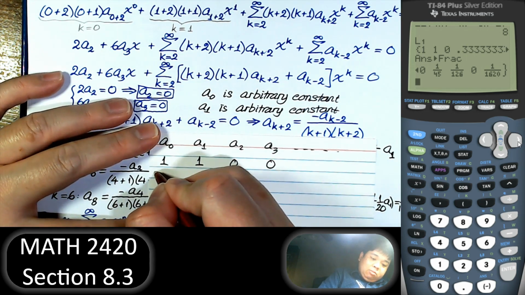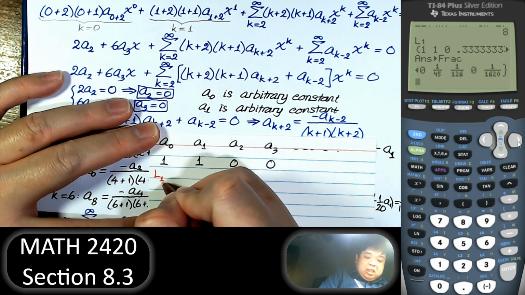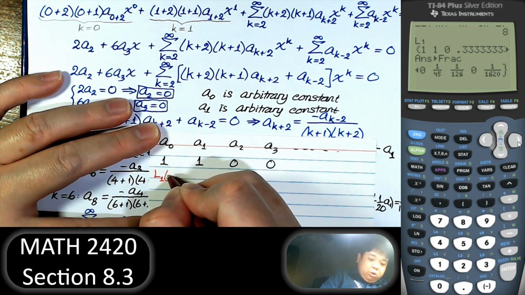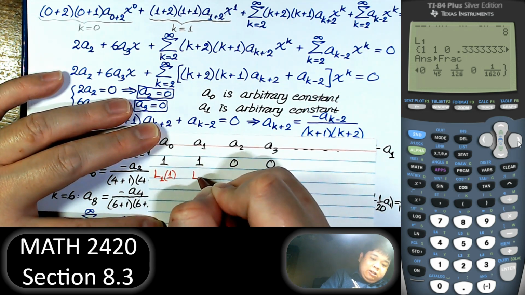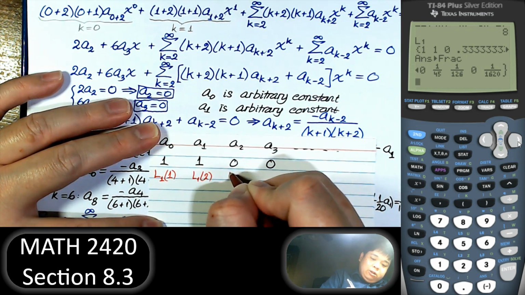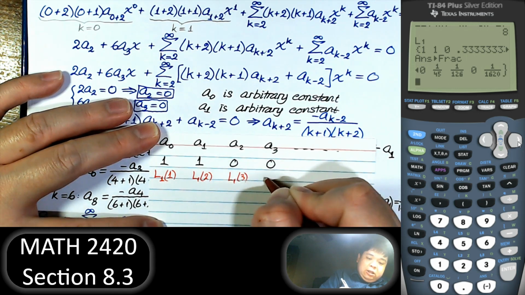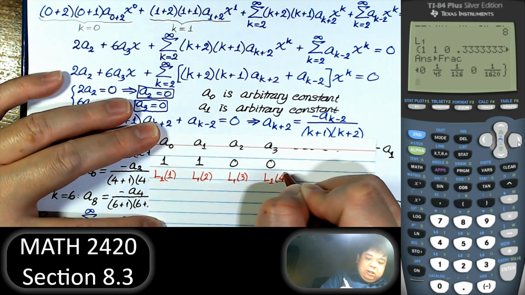And as before, the sequence that we cannot start at 0, we have to start from 1, 2, 3, and 4.